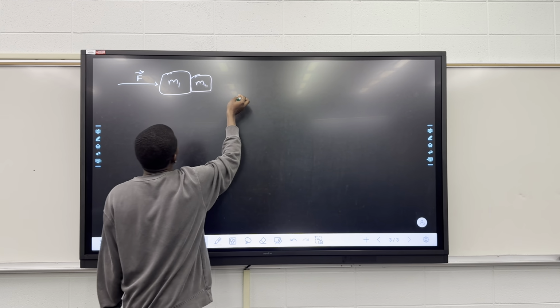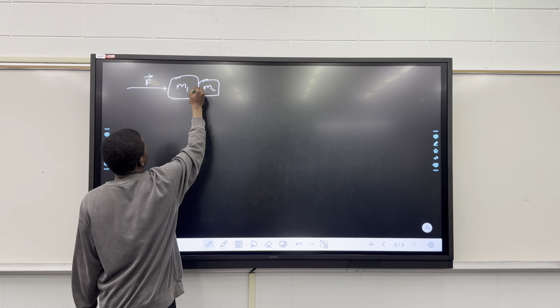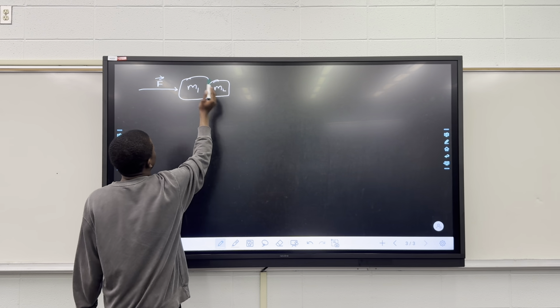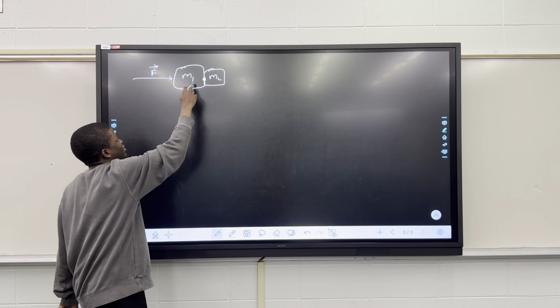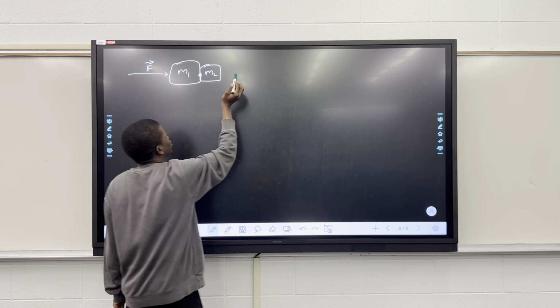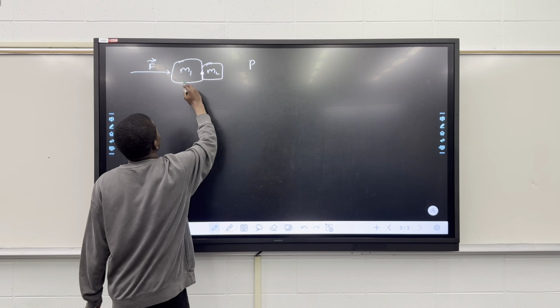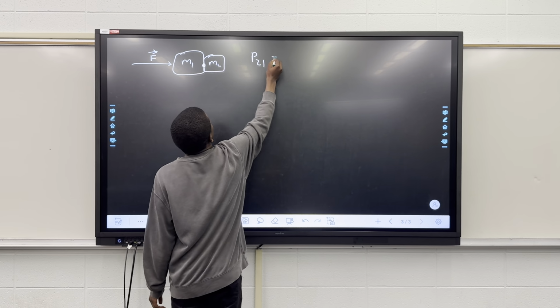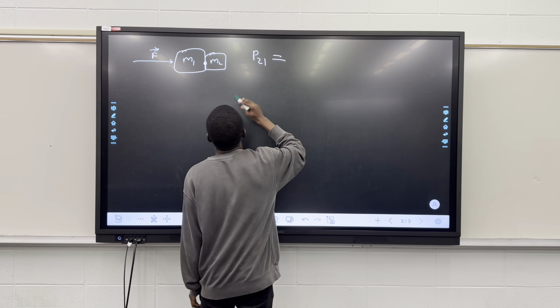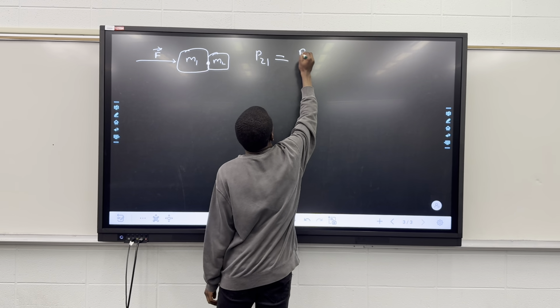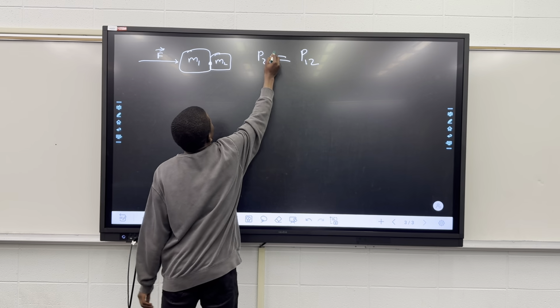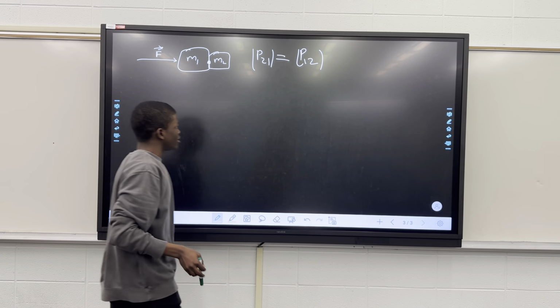There will be a smaller force that M2 is exerting on M1, and in turn M1 exerting on M2. By Newton's third law, the force that M2 is acting on M1, F21, is also equal to the force that M1 is acting on M2, at least when we are talking about their magnitudes.